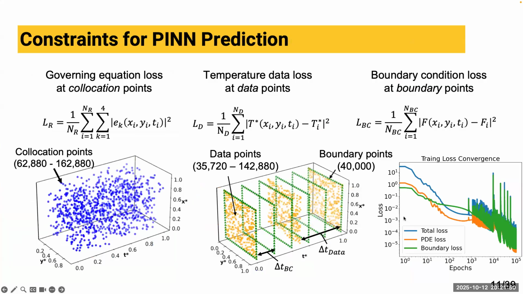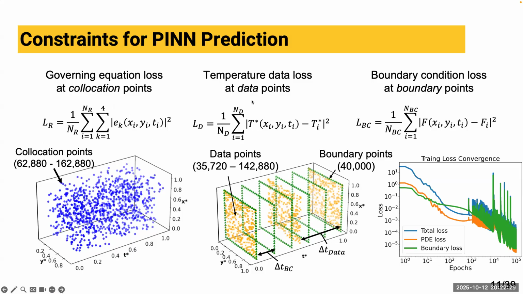And let's take a look a little bit more carefully at how we calculate the constraints. To calculate the errors or residuals against the governing equation, we define the collocation points. These are the points where we calculate the residuals against the governing equation. And instead of generating a mesh, we randomly sample the collocation points along the x-y coordinate space and also along the temporal coordinate.